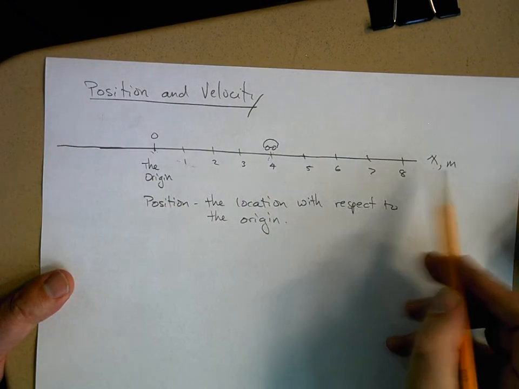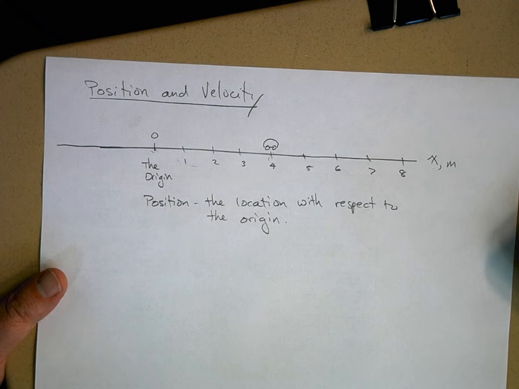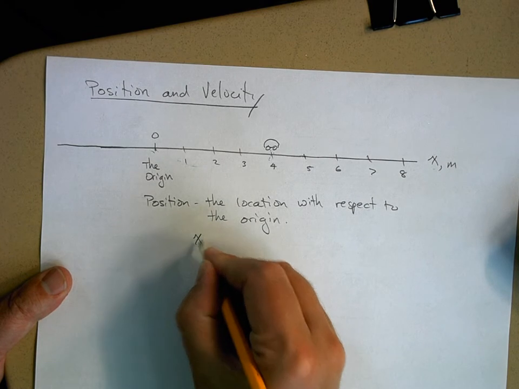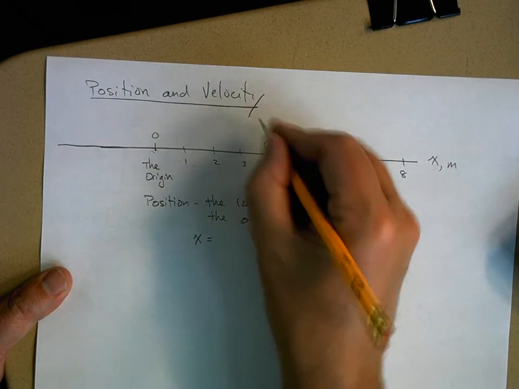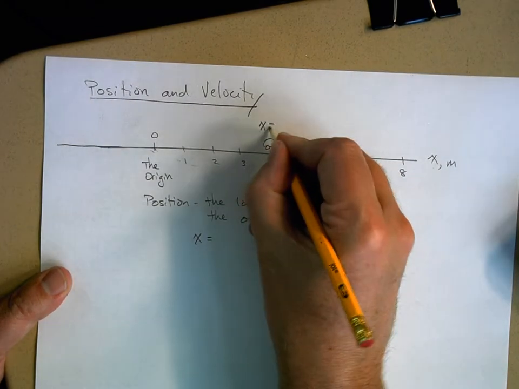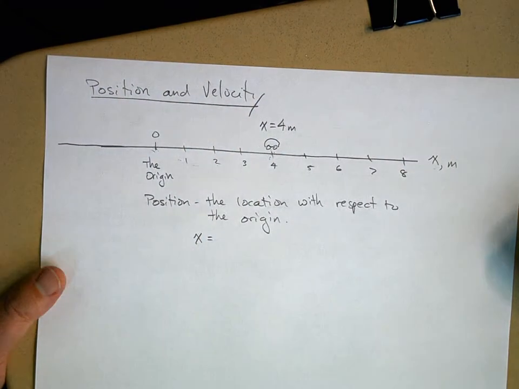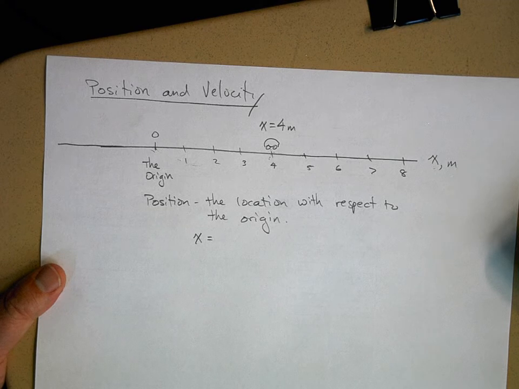Now we're calling this the x-axis, so we're going to use the letter x to represent position. And we say, where is this car? Well, it's at x equals 4 meters. Does that make sense? Okay, easy.